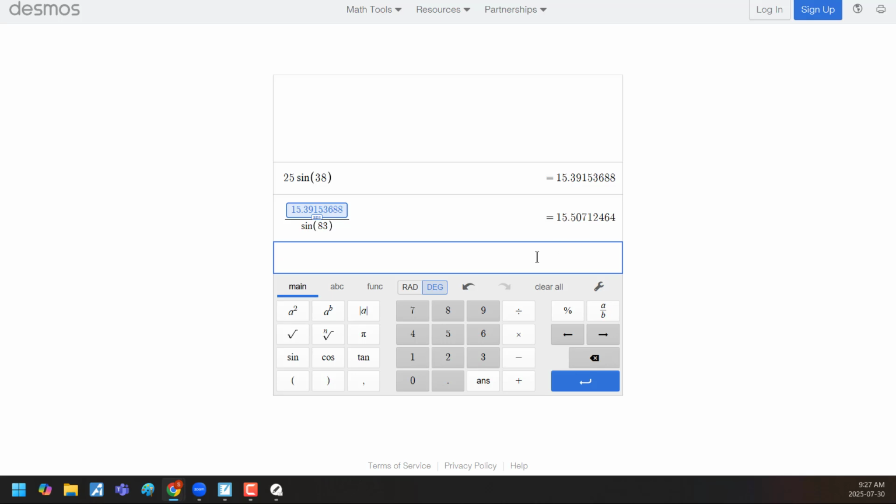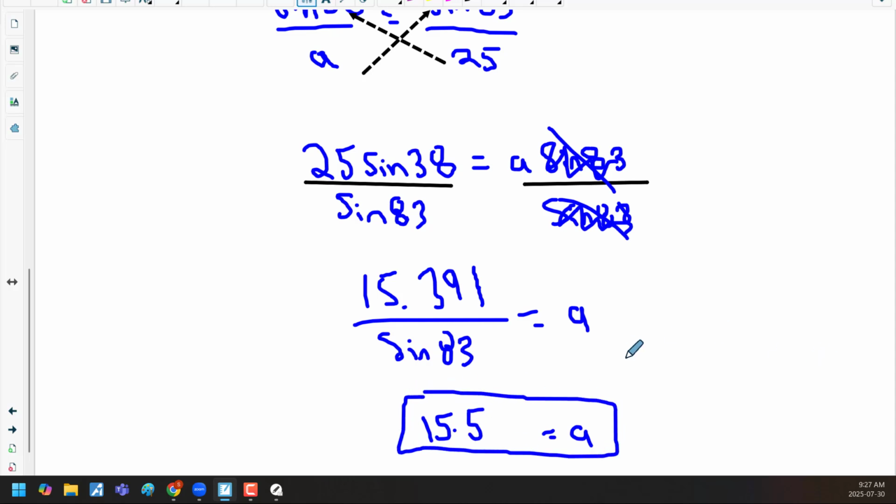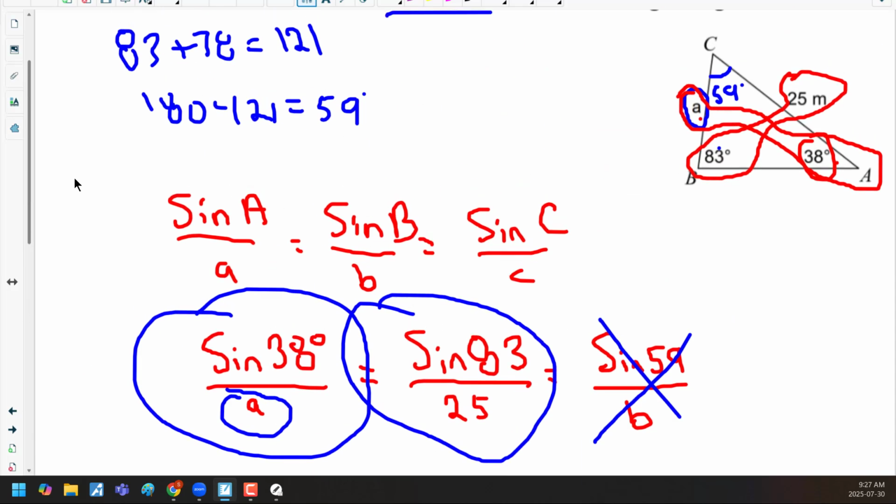You get 15.5. That's the answer. The answer is 15.5 for side length a.